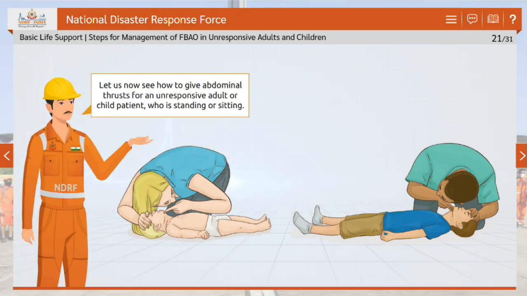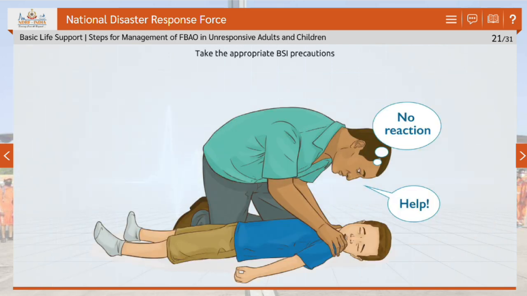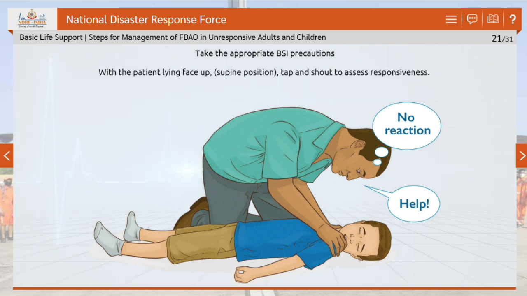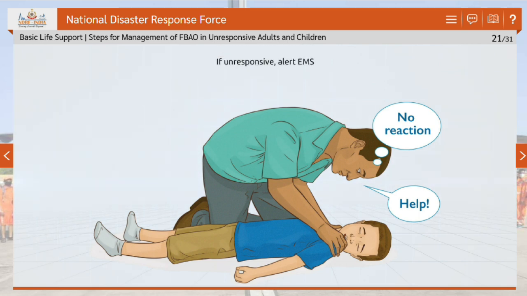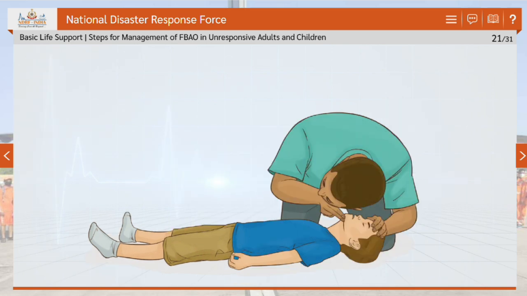Let us now learn how to give abdominal thrusts for an unresponsive adult or child patient who is standing or sitting. First, take the appropriate BSI precautions. With the patient lying face up, that is, supine position, tap and shout to assess responsiveness. If unresponsive, alert EMS.